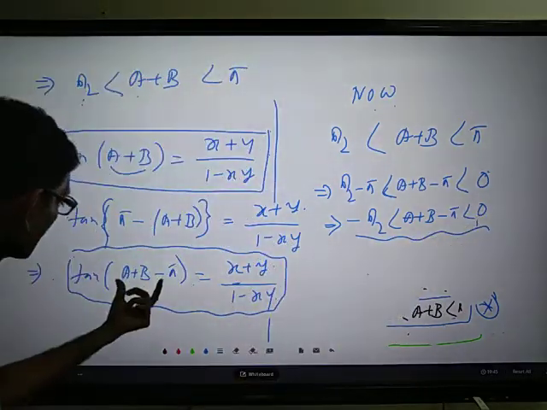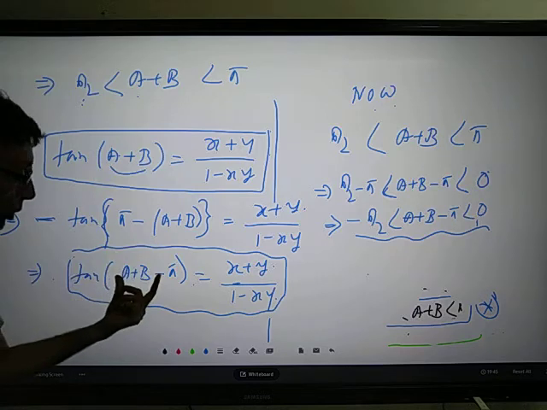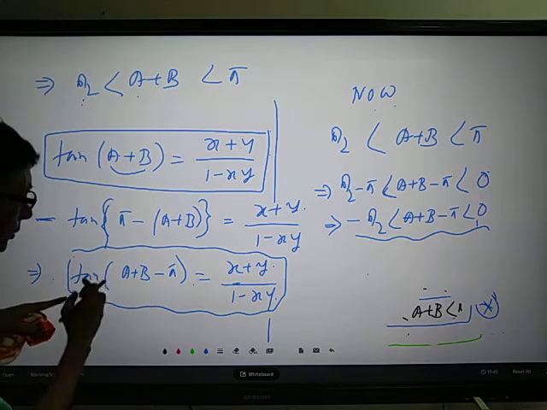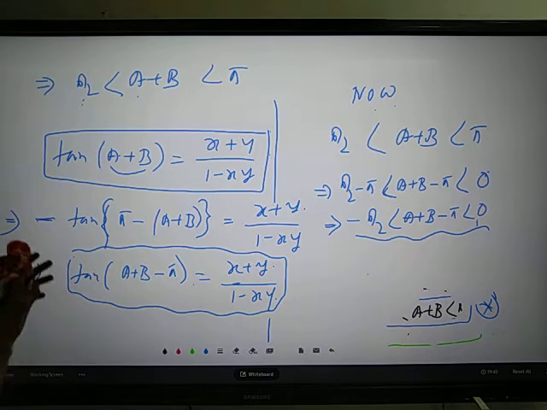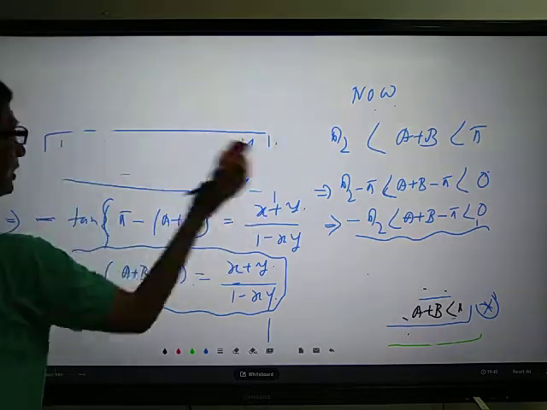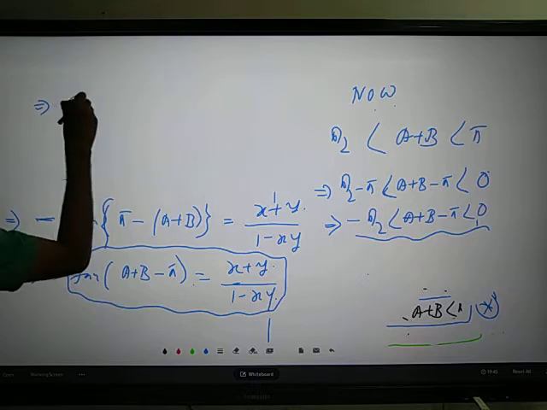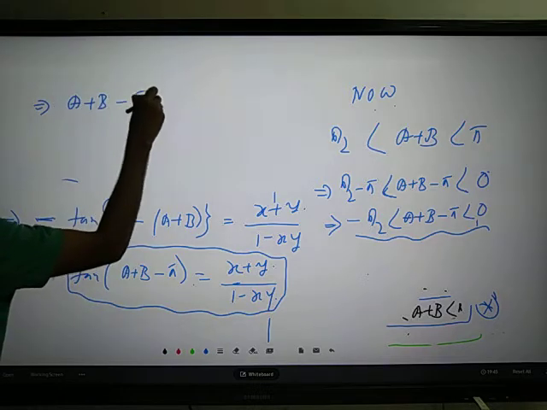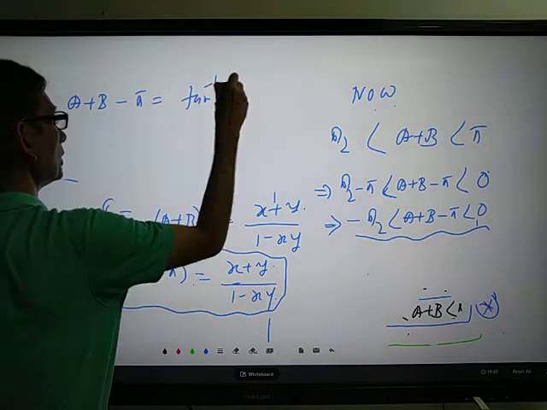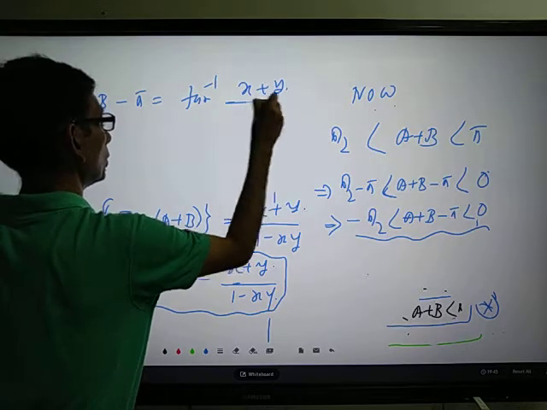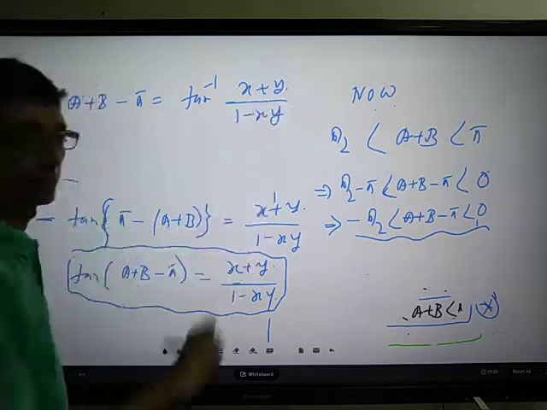That means if you convert this angle to this angle, we are in a position to take tan inverse. So the next step is a+b−π equal to tan⁻¹((x+y)/(1−xy)).